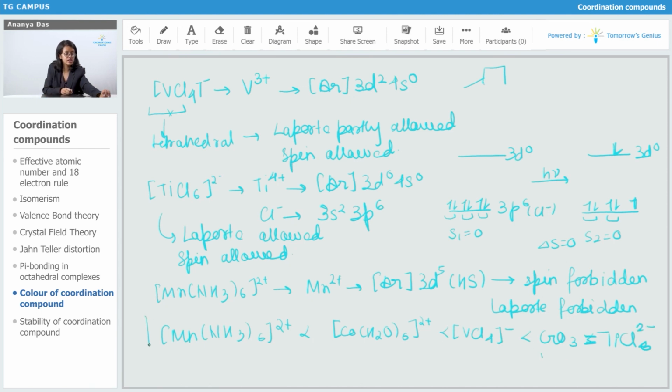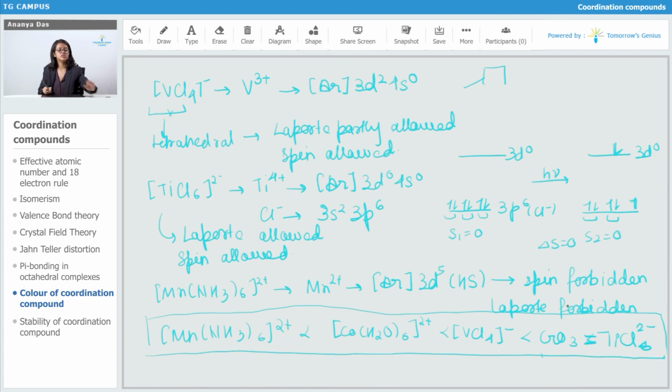So this is the increasing order of the intensity of color. So this is how you can predict which complex is going to be less intense in color and which complex is going to be more intense in color.